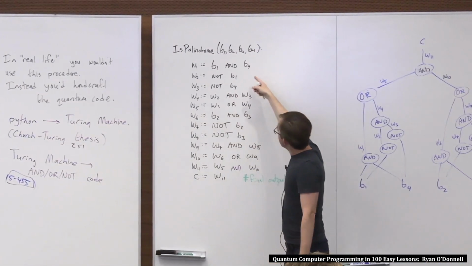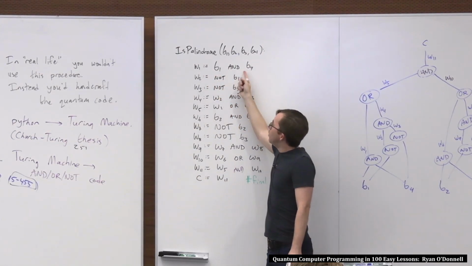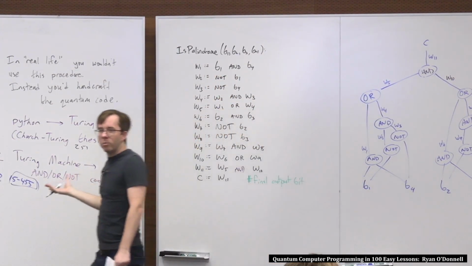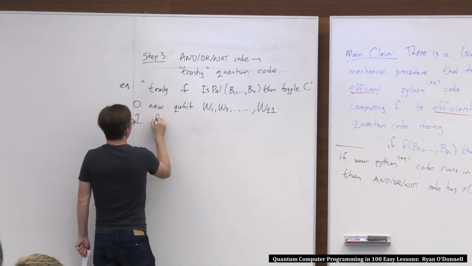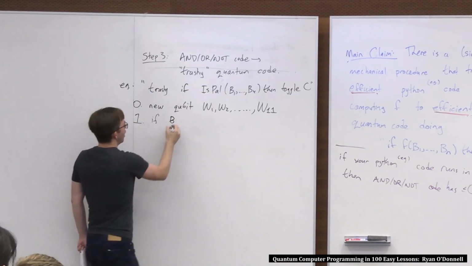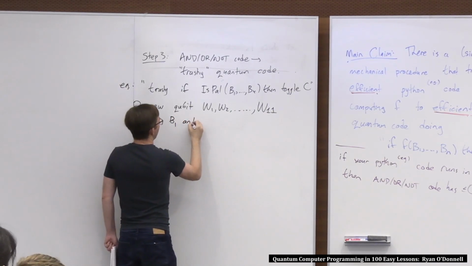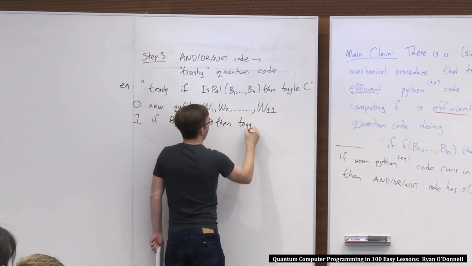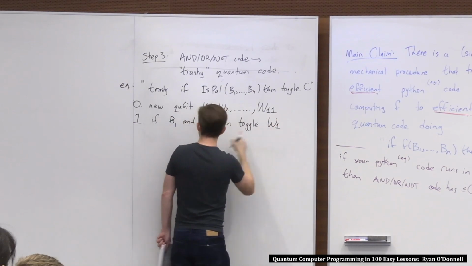So this instruction, which sets W1 to the AND of B1 and B4, we can accomplish just by toggling W1 if B1 and B4 are true. So we can just have, if B, capital now because these are qubits, B1 and B4, then toggle W1.